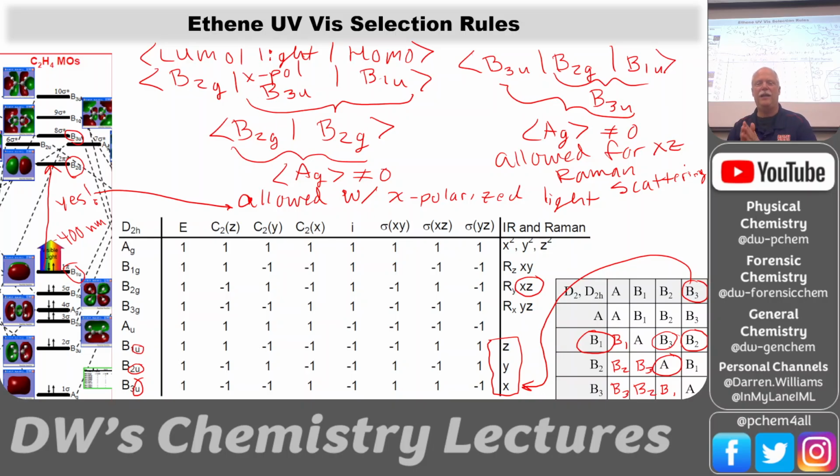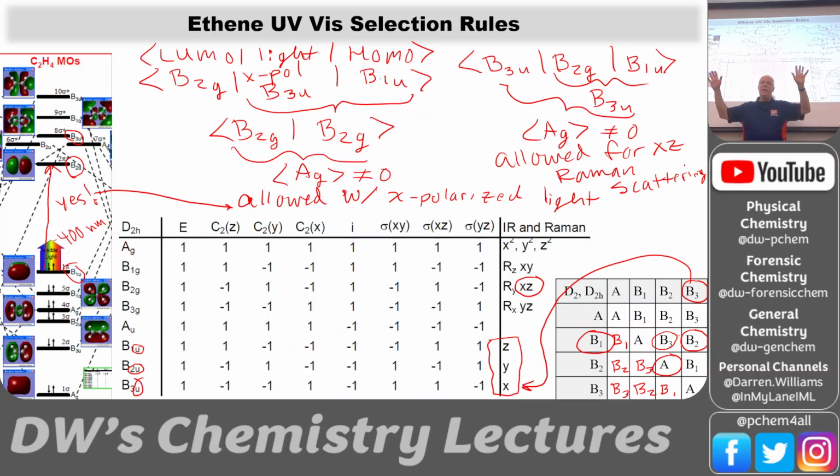But I kind of jumped ahead instead of going through the tedious process of trying X and saying forbidden, and then trying Y, it's forbidden, and then trying Z, it's forbidden. I jumped ahead and said I've got a B1 and I've got a B3. Is there anything that can convert that B1 into a B3 using the direct product table?